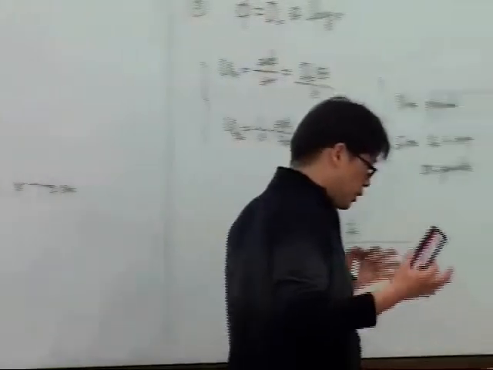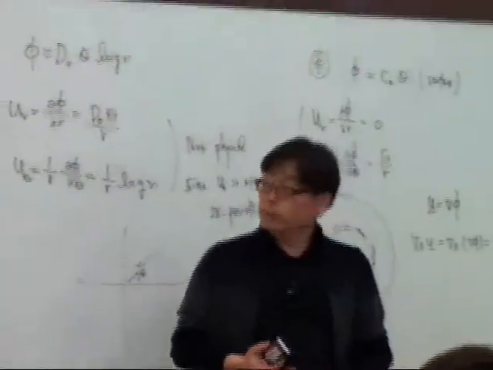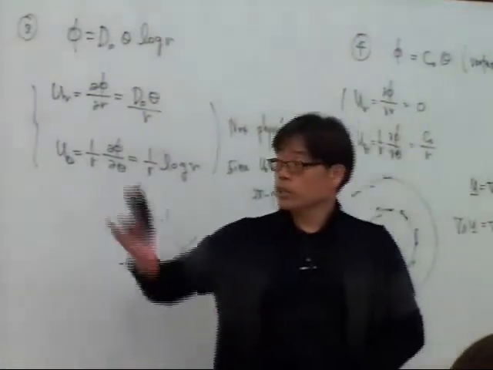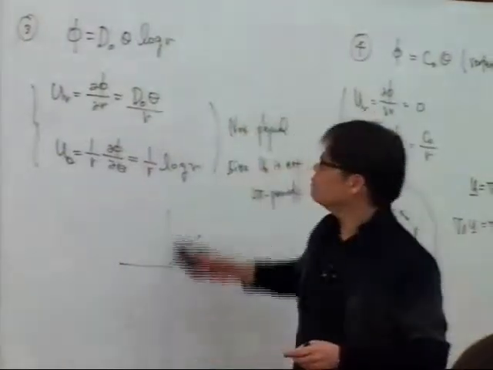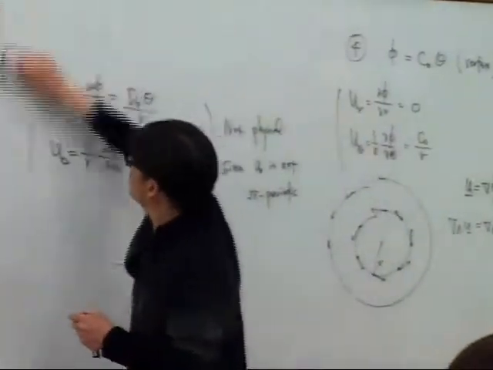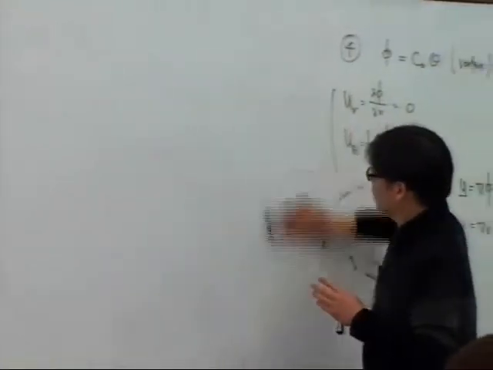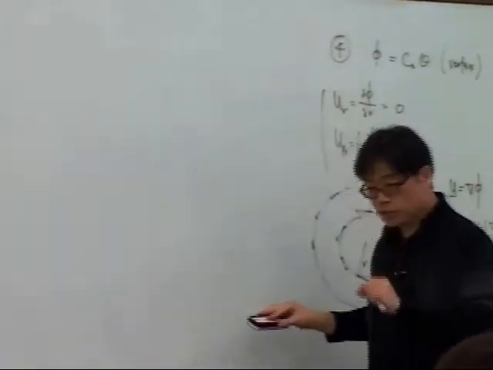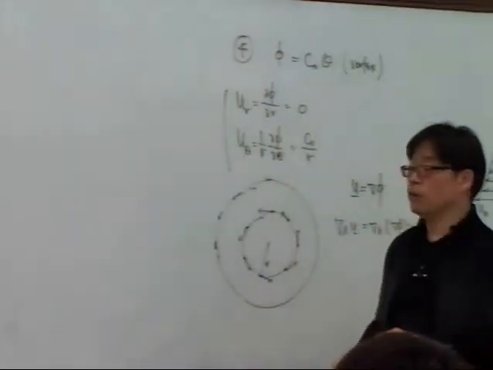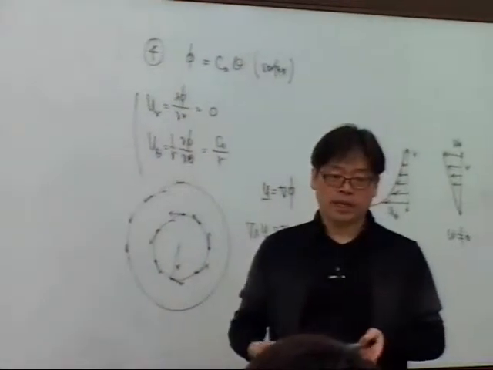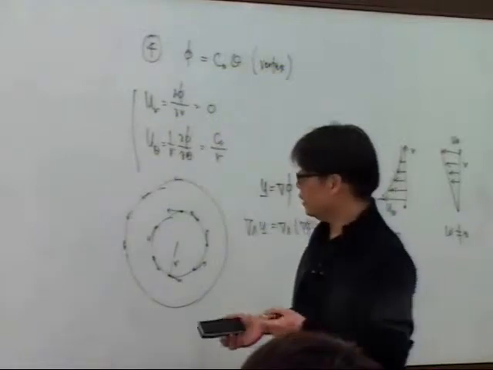So to represent the flow around the body, you need an infinite number of terms, in general. So you put all the singularities at r equal to 0, then you can represent the flow around the body located at the origin.